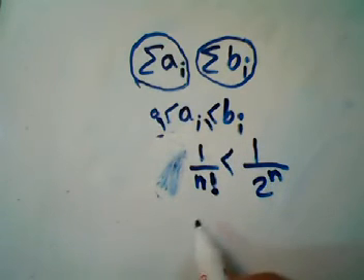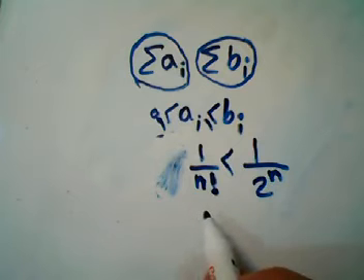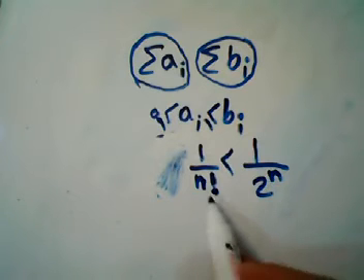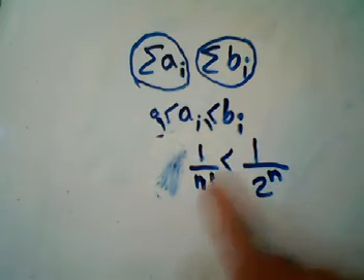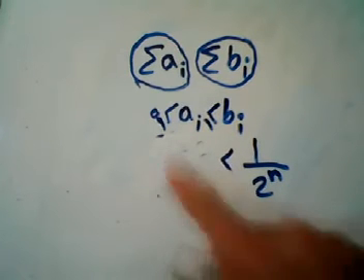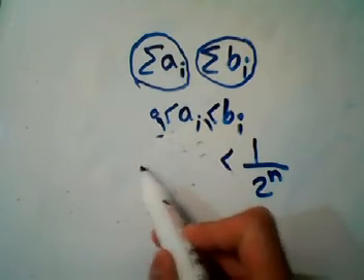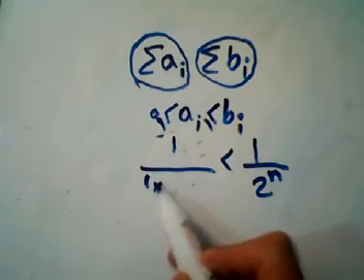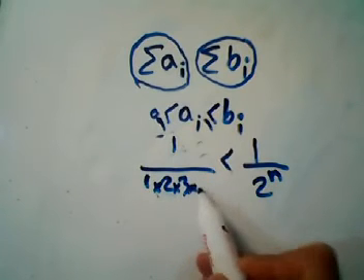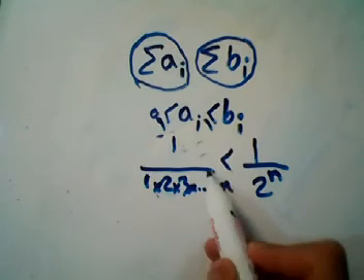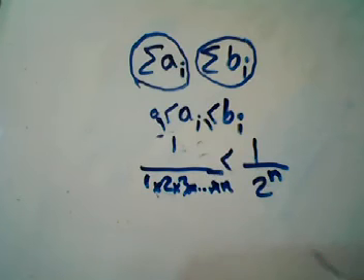Why? Because what is n factorial? It is 1 times 2 times 3 dot dot dot times n. Okay, so we have n numbers here.